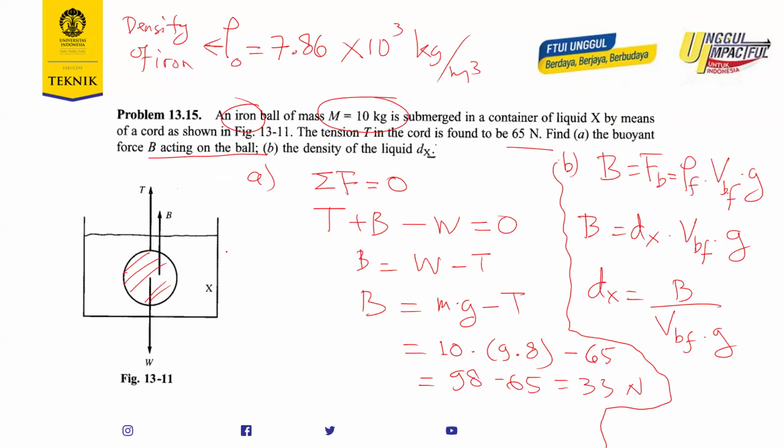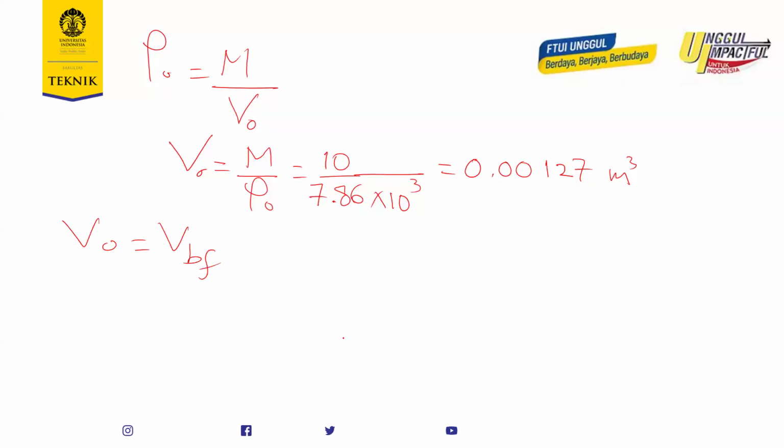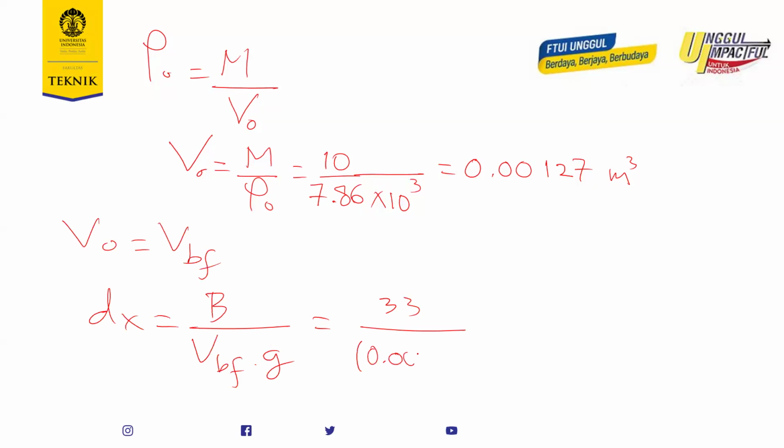Then we can calculate dx. dx is the buoyant force divided by V_BF times g. The buoyant force before is 33 newtons, divided by V_BF, 0.00127, times 9.8.